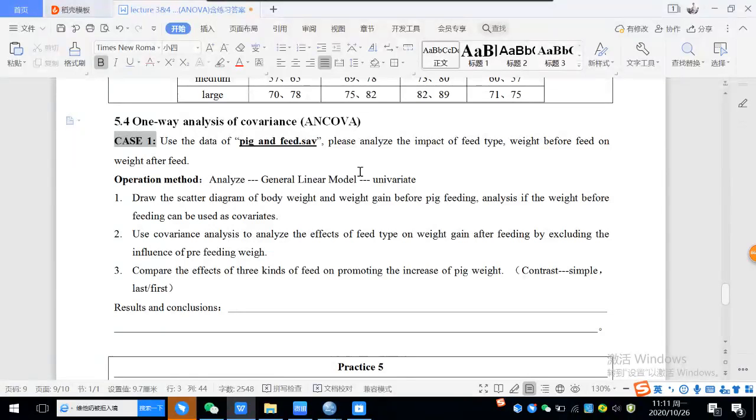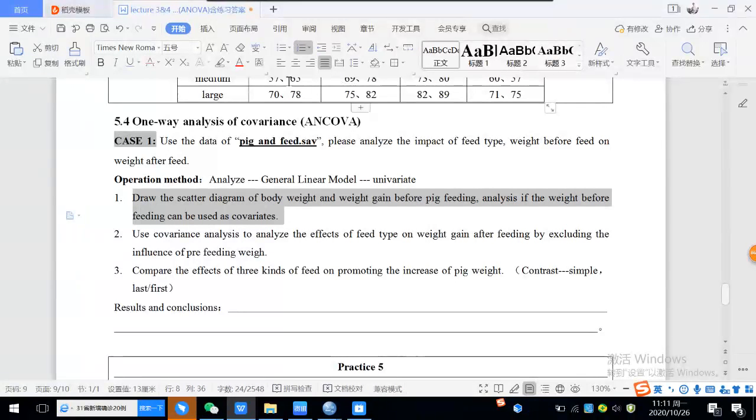So we will analyze if the weight before feed can be used as a covariate. That's the first thing we need to test. That's the one-way analysis of covariance.